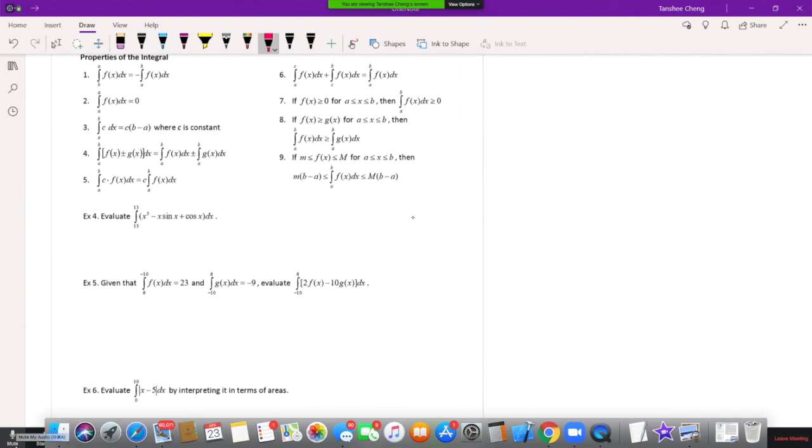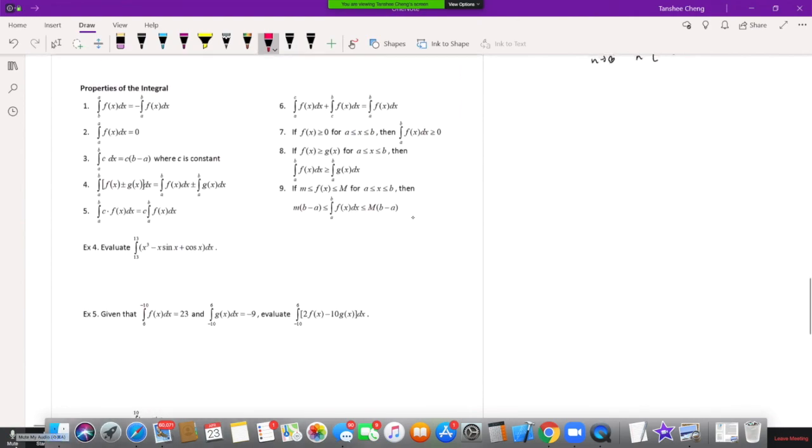Where were you pointing at? Right here. See that my limit is b to a, meaning that the upper limit happens to be the smaller one and the lower limit happens to be the bigger number. If you want to rewrite it properly, lower limit as the small one and upper limit as the big one, or vice versa, it doesn't matter. In the definite integral, if you flip around the upper and lower limits, then you will have an extra negative sign in the answer.